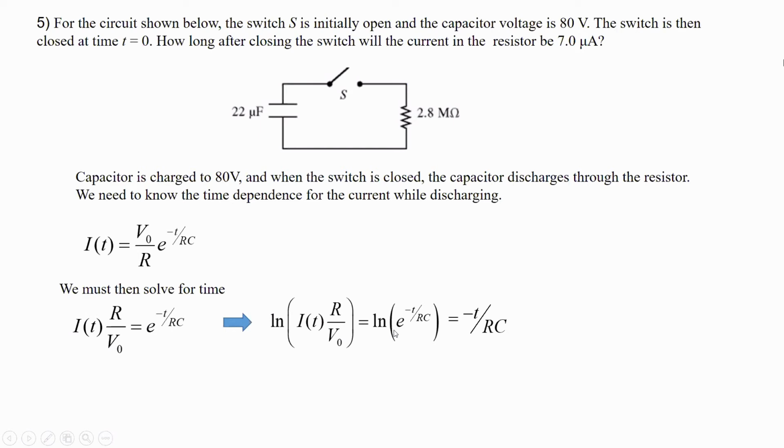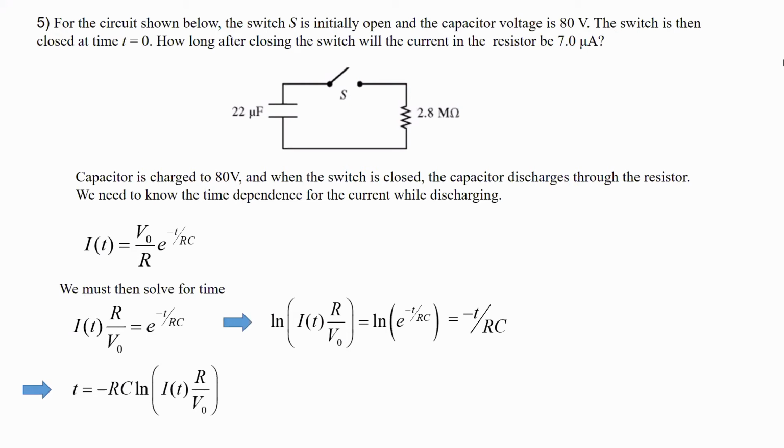Remember, log of the exponential basically nullifies the exponential. We just bring down whatever is in the exponent of this e. So that's basically what has happened here in this operation. You still have the log of these three terms here. Okay, so now what I want to do is multiply both sides times RC.